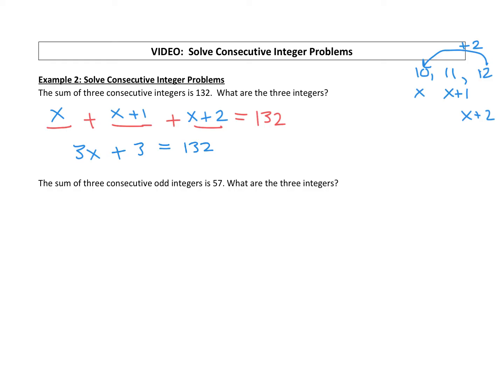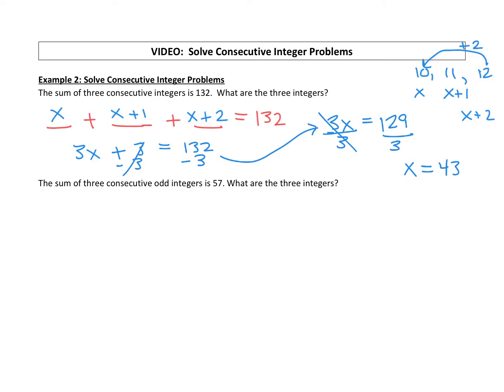The 3 connected to the x will move last, but this plus 3, we can subtract 3 from both sides. 3x equals 132 minus 3, which is 129. And then to get the 3 away from the x, it is being multiplied, so we are going to divide both sides by 3. So we get x equals 43.